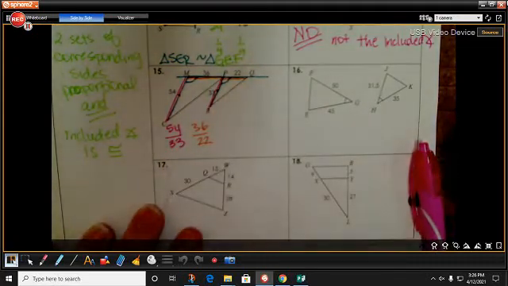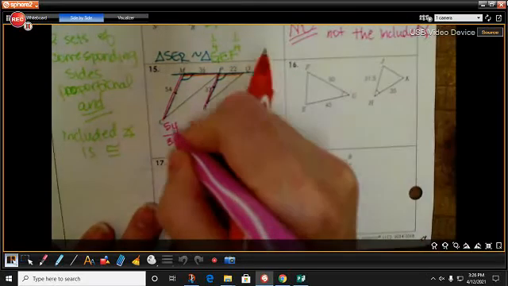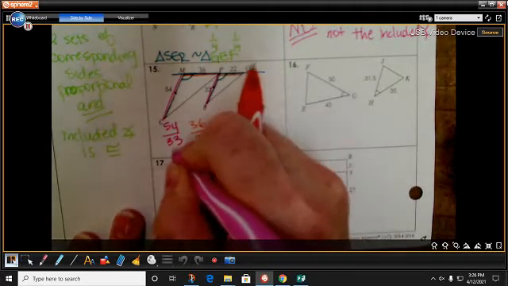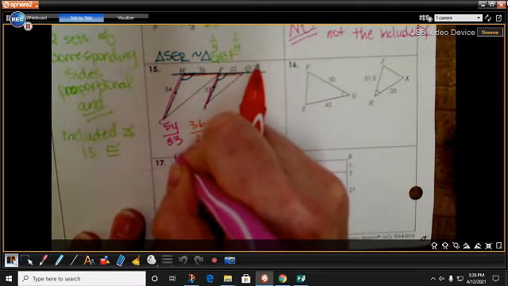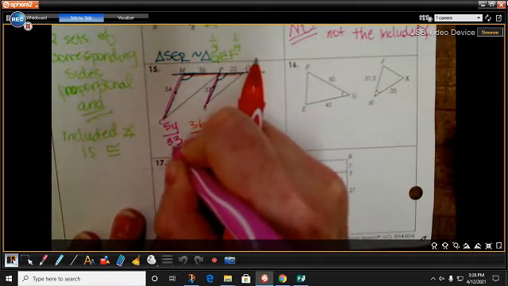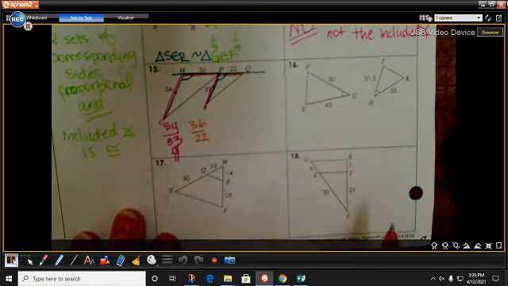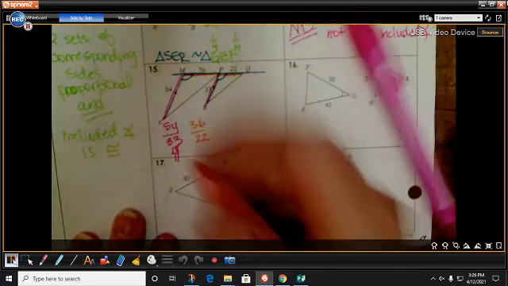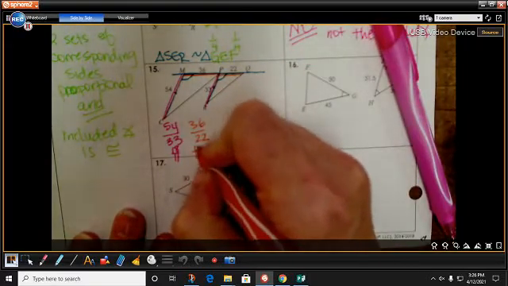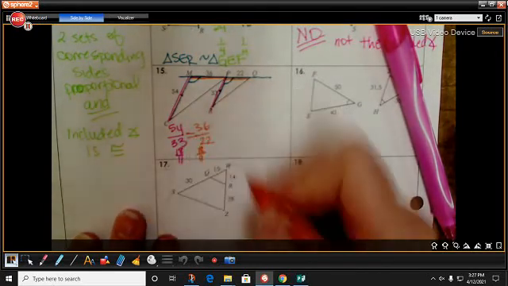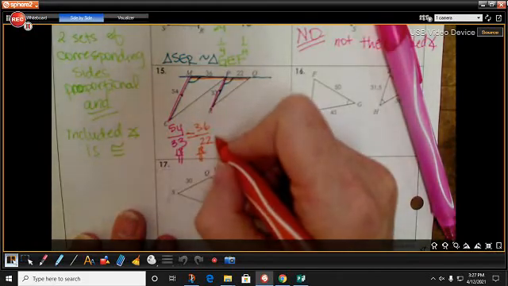And if I simplify these, let's see, these divide by 3. And so this will be 11 on bottom and 18 on top. And both of these divide by 2, which would be 11 on bottom and 18 on top. So both of these simplified to 18 elevenths. So yes, the ratios are equal, so the sides are proportional.